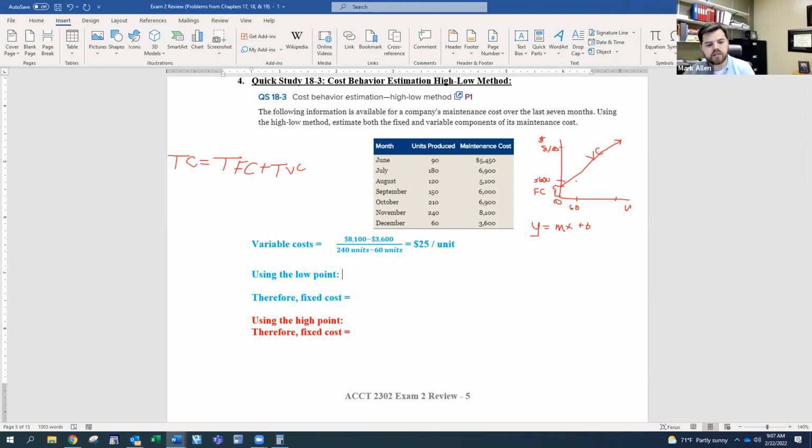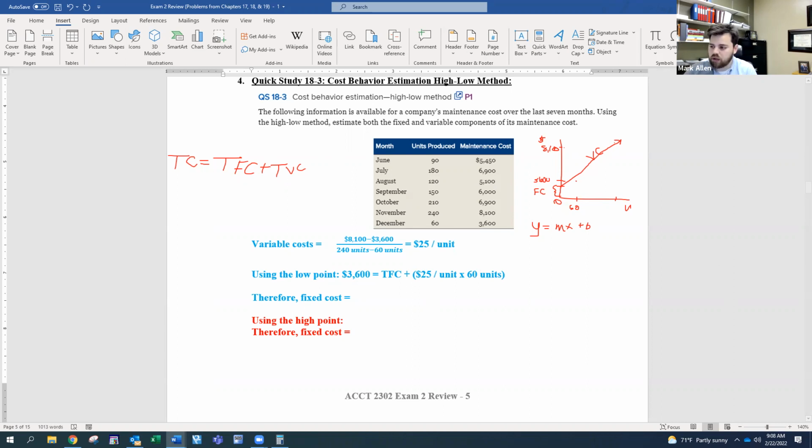So in this case, using the low point, our total cost was $3,600. And that is equal to my total fixed cost plus my total variable cost. Now, what we just got was $25, but notice that's $25 per unit. So we'll need to multiply that by our 60 units that we actually produced.